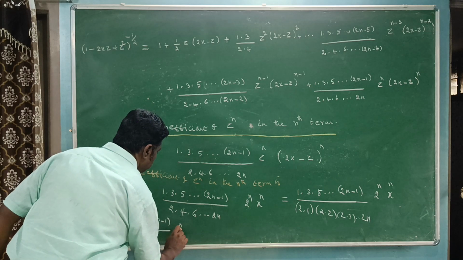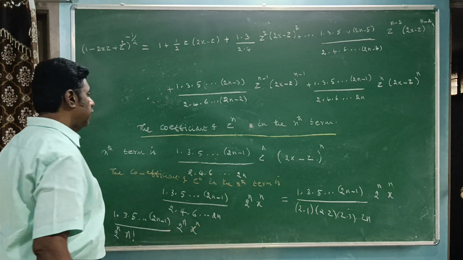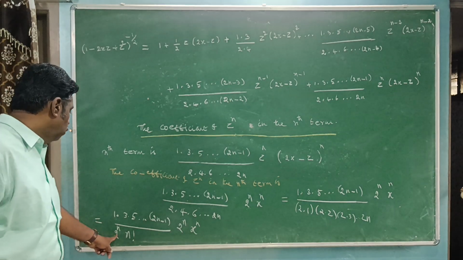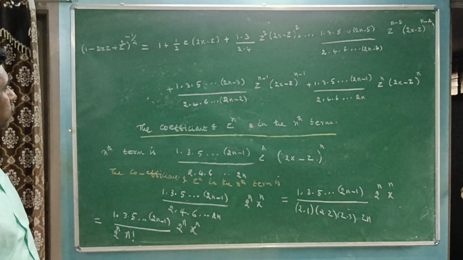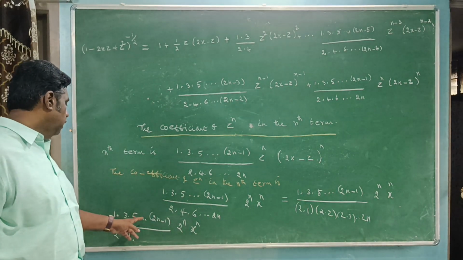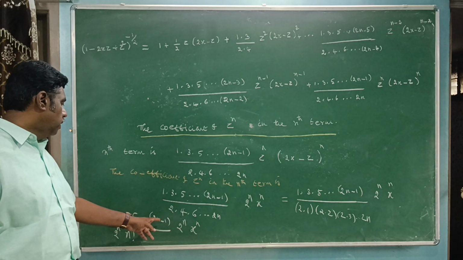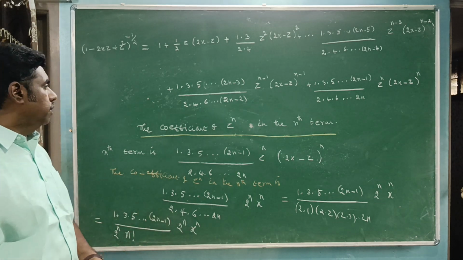This is multiplied by 2 power n into x power n. Now we may cancel 2 power n, 2 power n. So the coefficient of z power n in the nth term is 1.3.5 up to 2n minus 1 divided by n factorial into x power n.